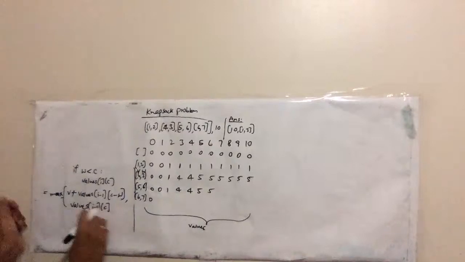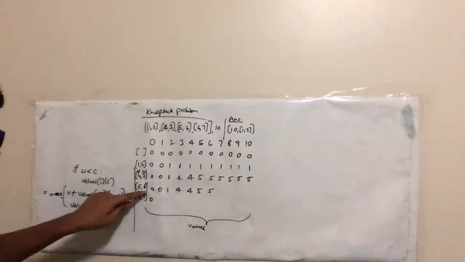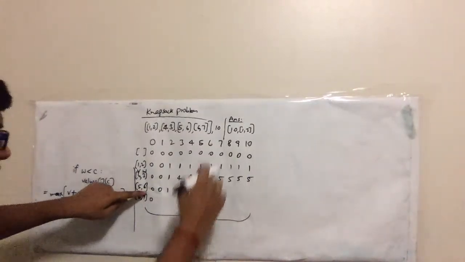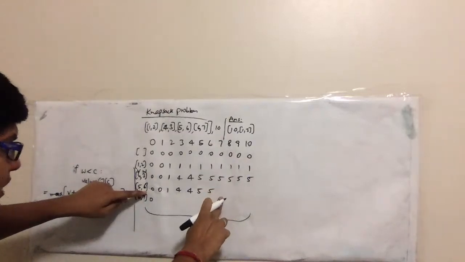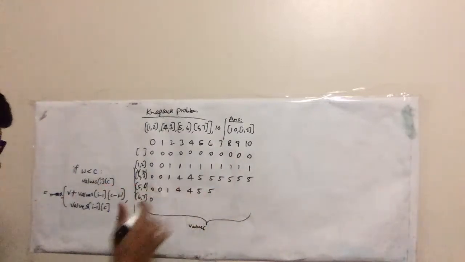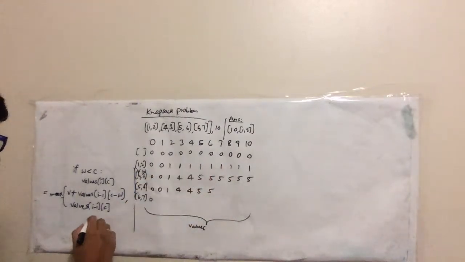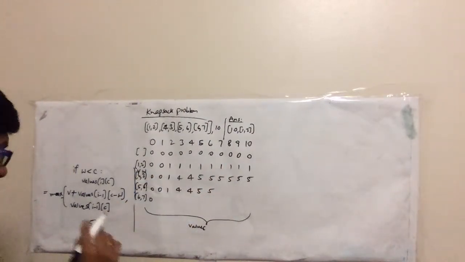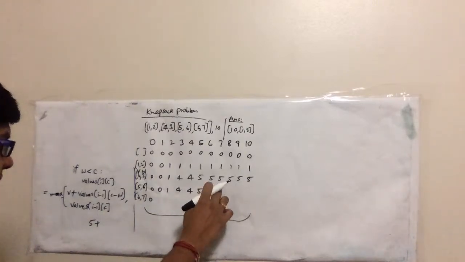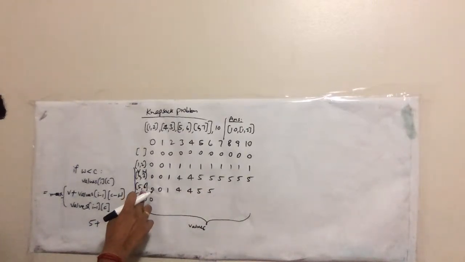Okay. So what about this? We have got a 6 kgs item and a 7 kgs bag. So we can keep the 6 kgs item in the 7 kgs bag and get a value of 5. Along with that, we can go back 6 times.